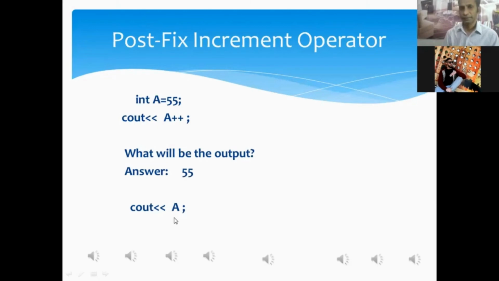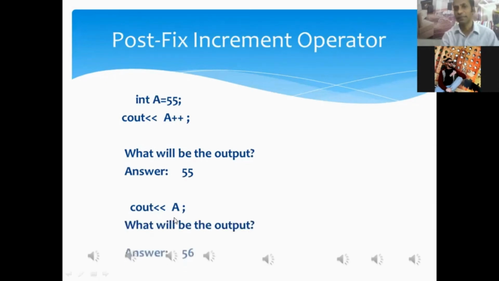Currently now it is 55, sir. No. Have you written something onto your notebook? What is the current value of A? After the increment operator, after it is incremented, 56. And what will be the output of this statement? 56.